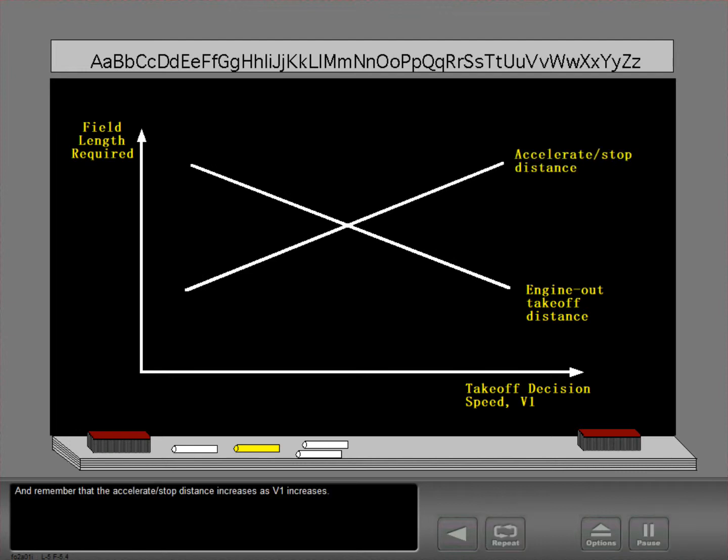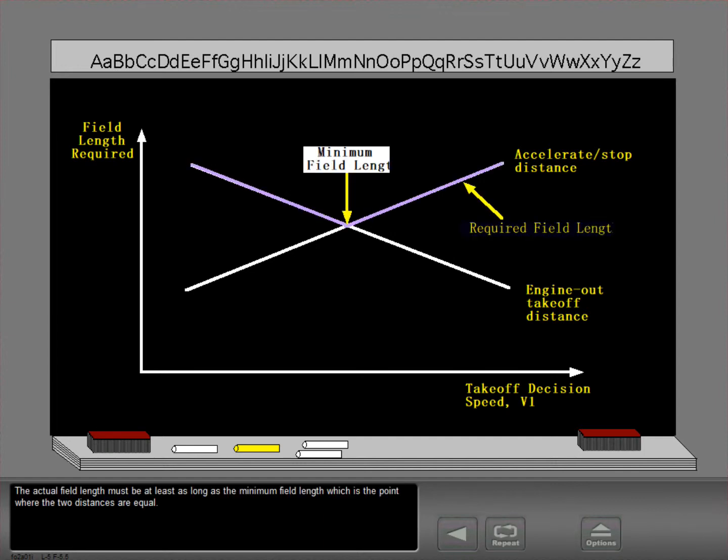And remember that accelerate stop distance increases as V1 increases. This is due to the higher speed from which the airplane must be stopped and the extra runway used during the all-engine acceleration. The actual field length must be at least as long as the minimum field length, which is the point where the two distances are equal.